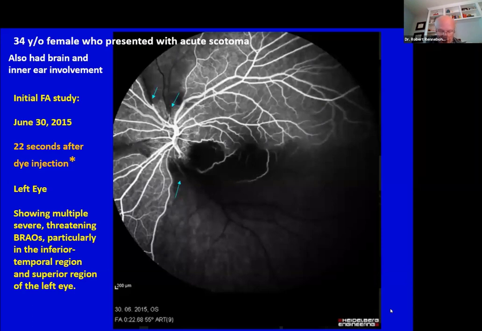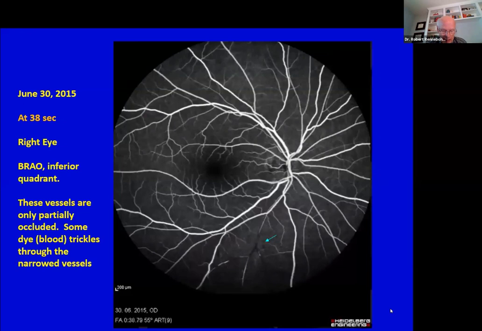This is her initial FA study showing multiple severe threatening BRAOs, particularly in the inferior temporal region and superior region of the left eye. She had a less severe BRAO in the right eye.